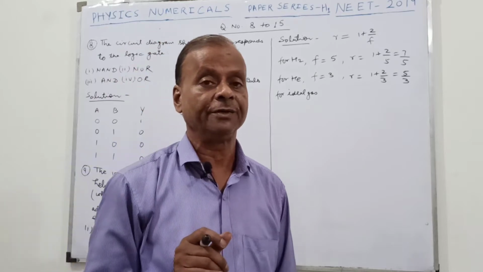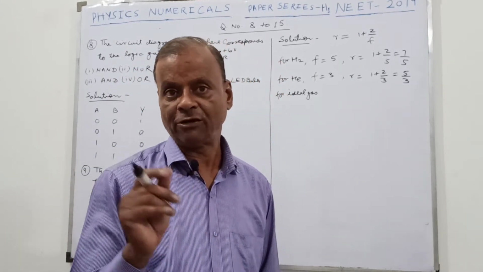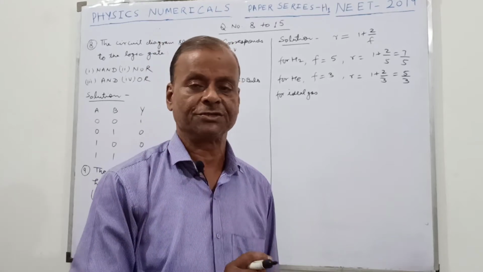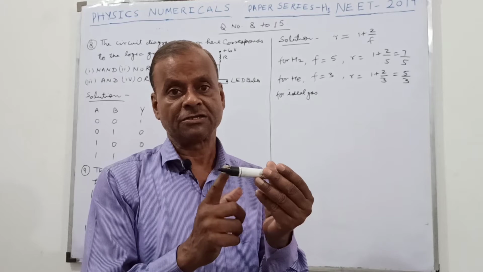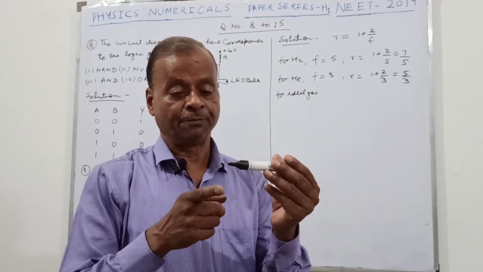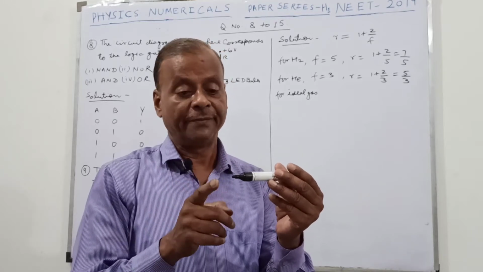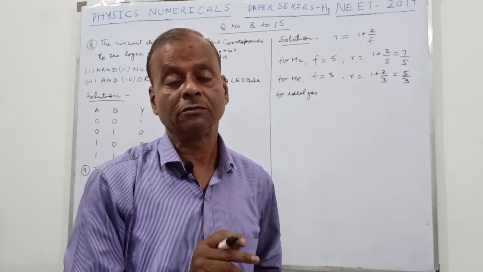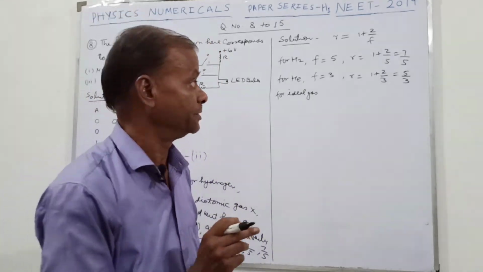Vibrational motion can have 2 modes, either along the axis or perpendicular to the axis. Suppose this is the atom, then it can vibrate like this, or like this. Perpendicular, it may be like this or like this, but it will have only 2 maximum degrees of freedom of vibration.